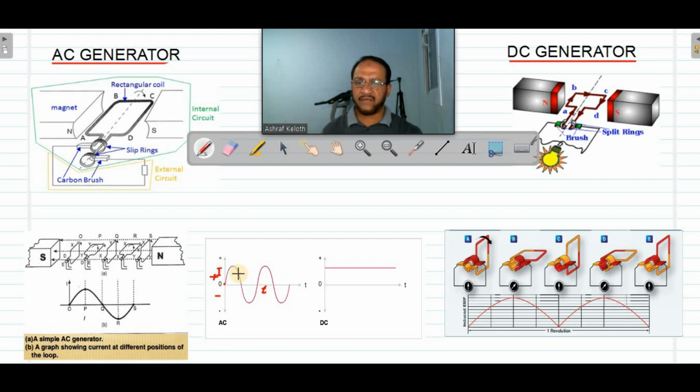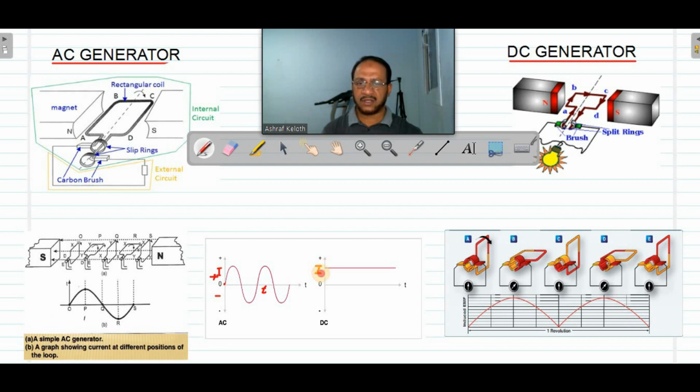Such a current which changes direction, plus minus, and also increases and decreases, periodically changes the direction. Such an electric current is called alternating current. It changes the direction alternately, periodically. If you take the electric current from a battery or a cell, that is like this one.